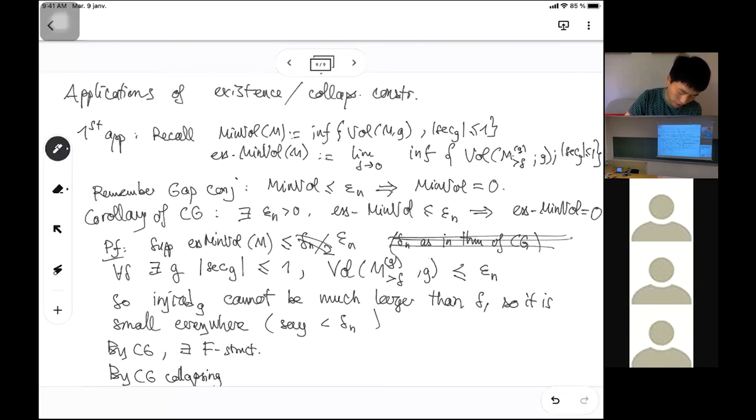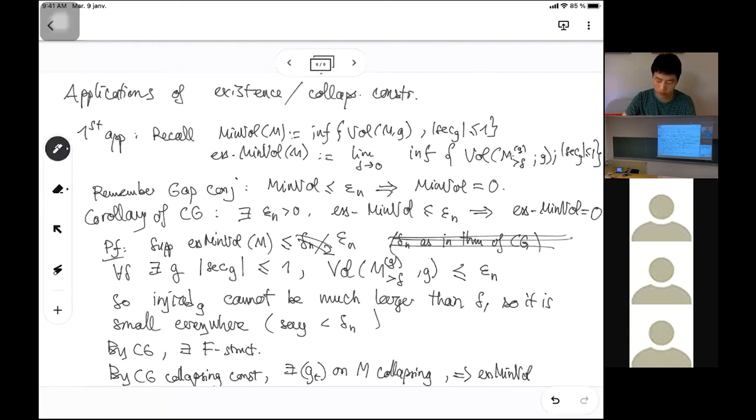By the collapsing construction, there exists a family of metrics collapsing. And in particular, when you look at the definition of the essential minimal volume, that exactly means that the essential minimal volume is zero.